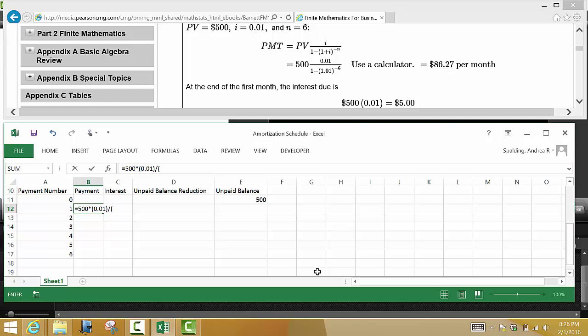For our formula, we have parentheses 1 minus, and then another set of parentheses, and then we have 1.01. That's our 1 plus I. I'm going to close my parentheses and raise that, and I'm going to enter another set of parentheses just to make sure we capture both of these values. We're going to raise that to the negative 6 power.